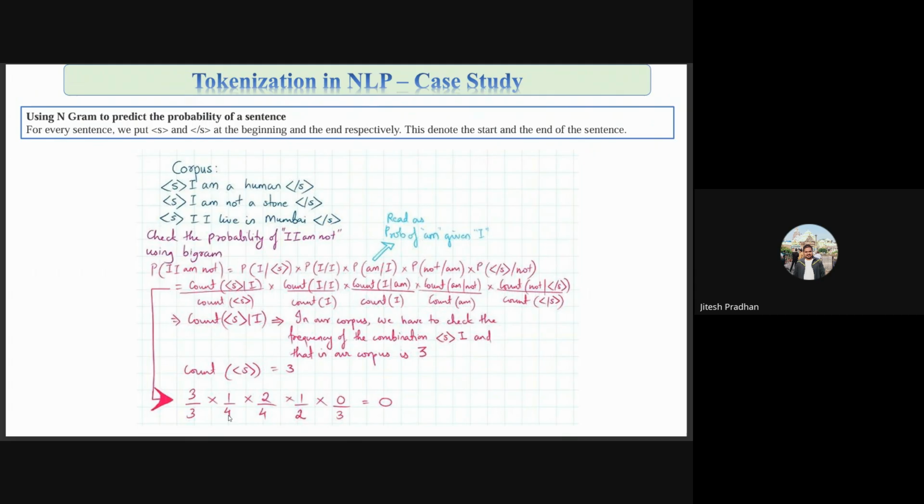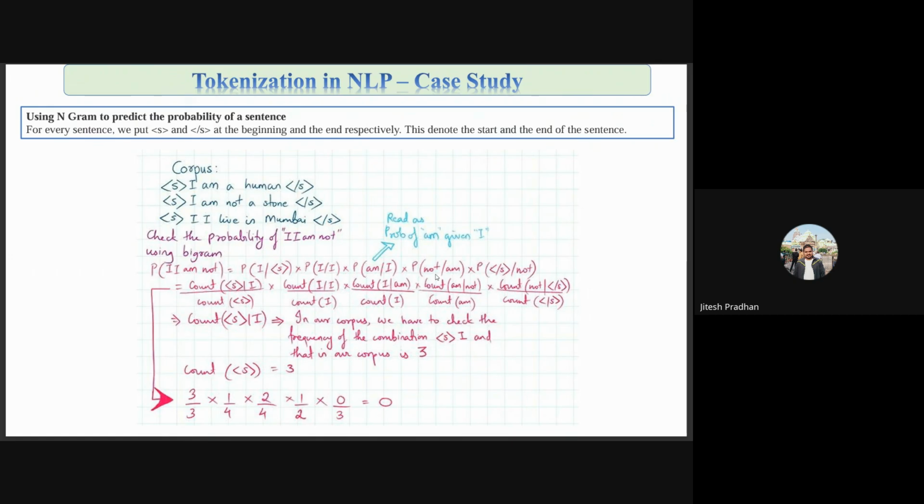So it is 1 by 4. Now the count of I and am: it has occurred 2 times, divided by the total count of I, which is 4. So it is 2 by 4.